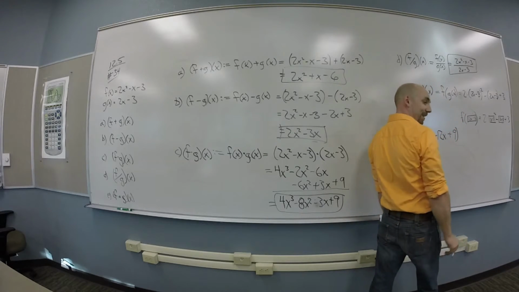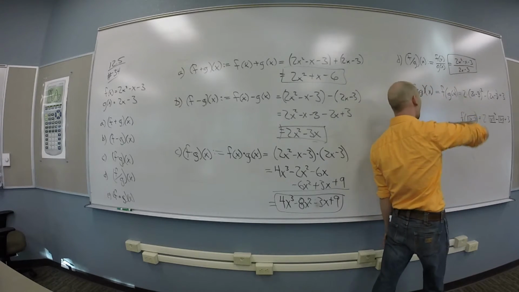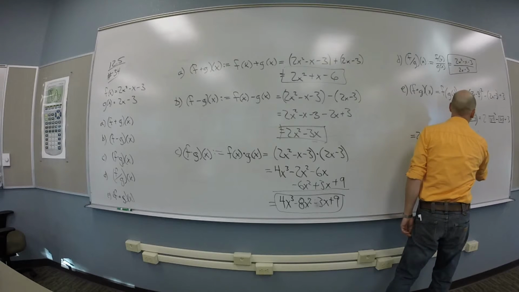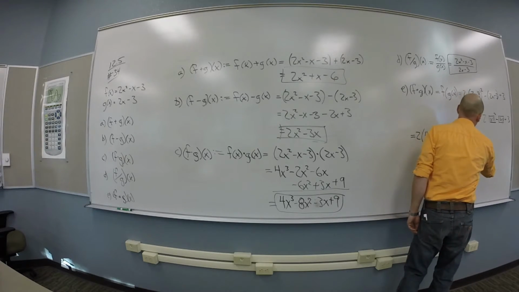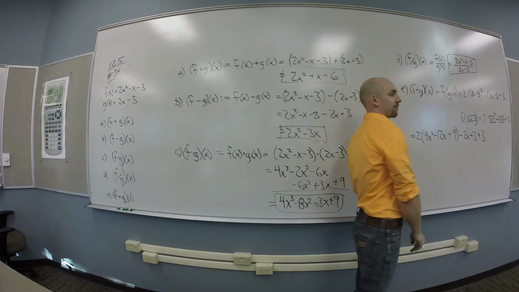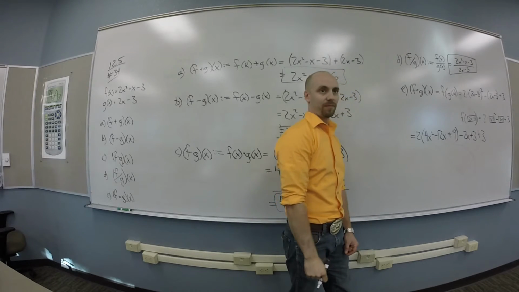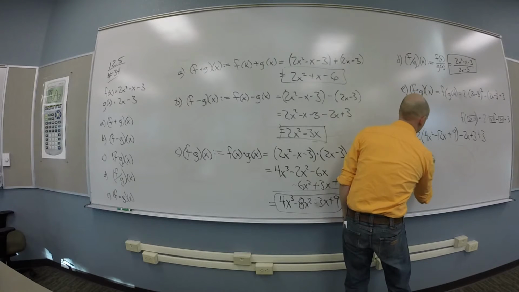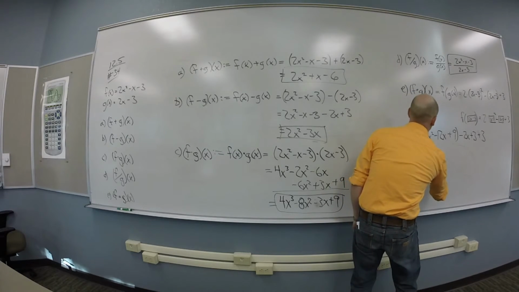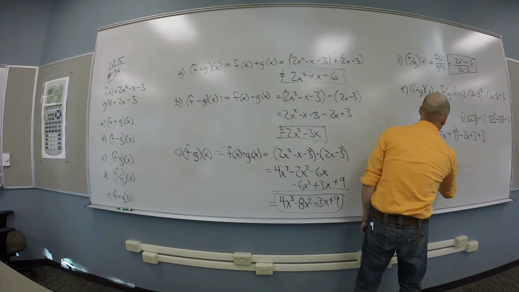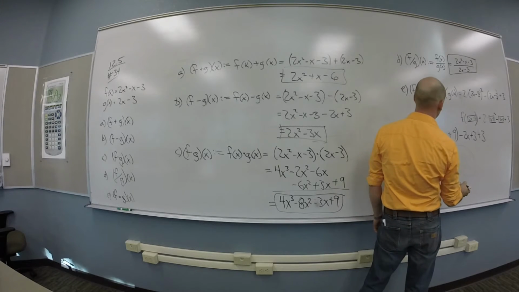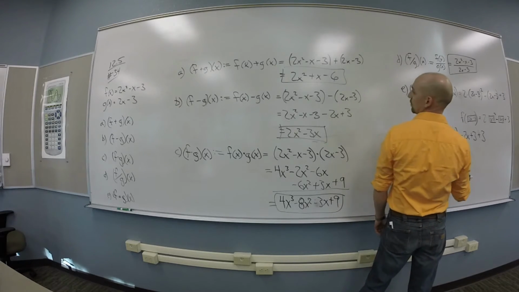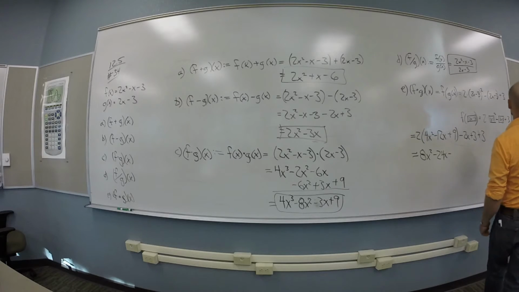And then we should have minus 2x plus 3 plus 3. Then we should distribute the 2 through. So we've got 8x squared minus 24x. That's a minus 3 at the end, by the way. Oh, yeah, it is minus 3.